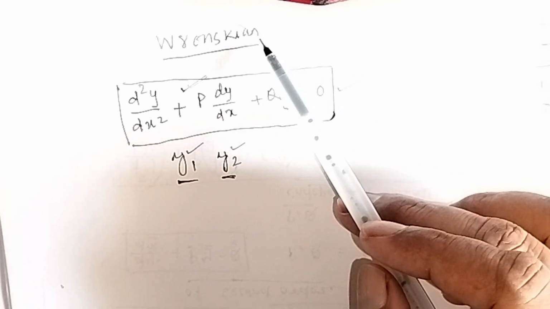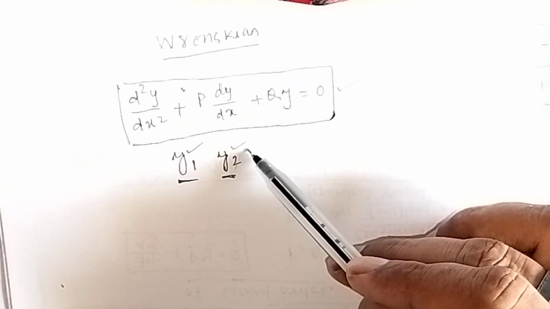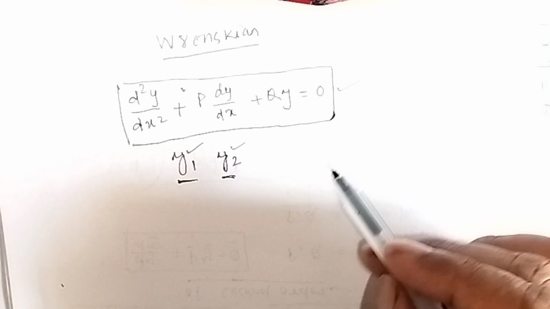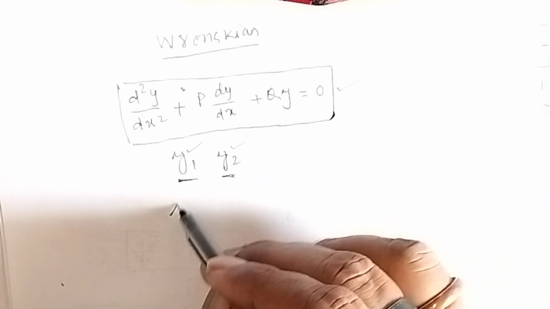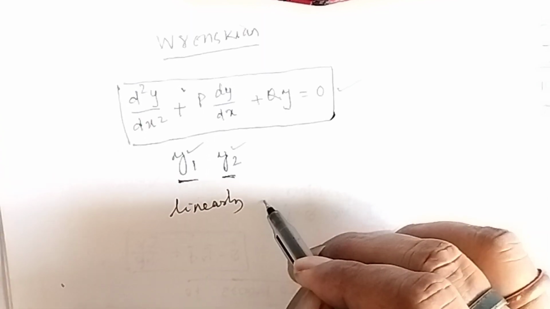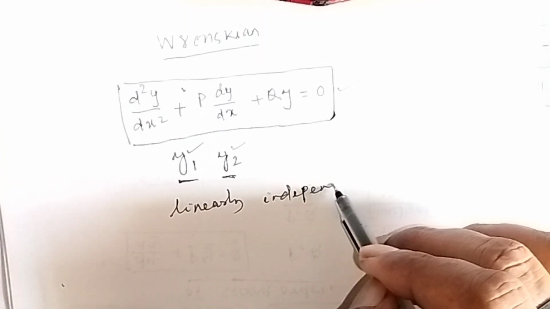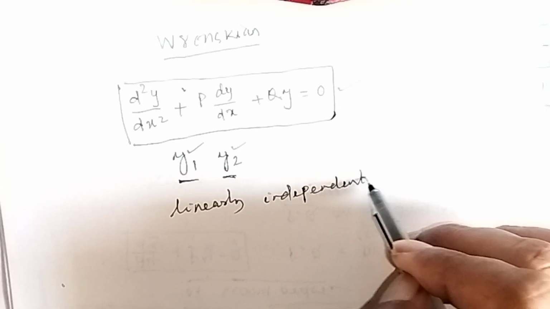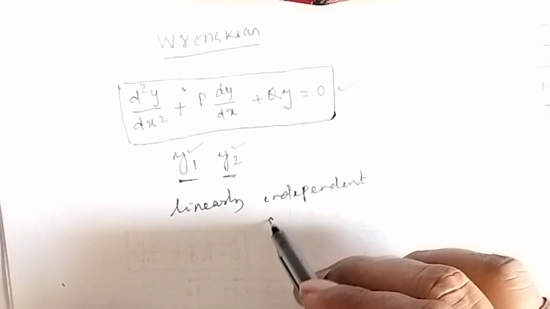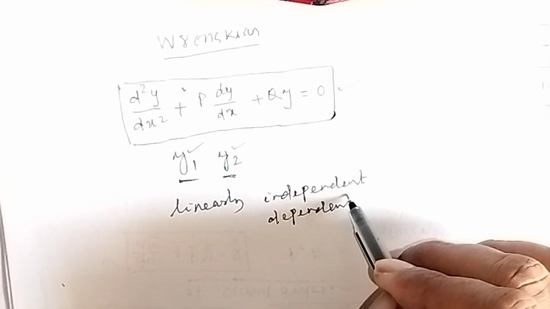So Wronskian will tell you whether the solutions of this differential equation are linearly independent or linearly dependent.